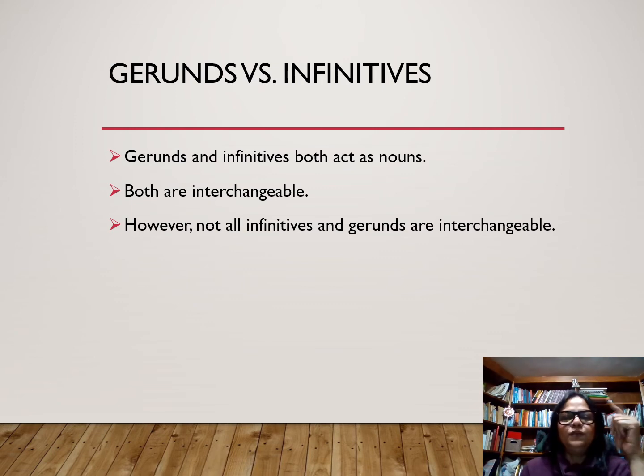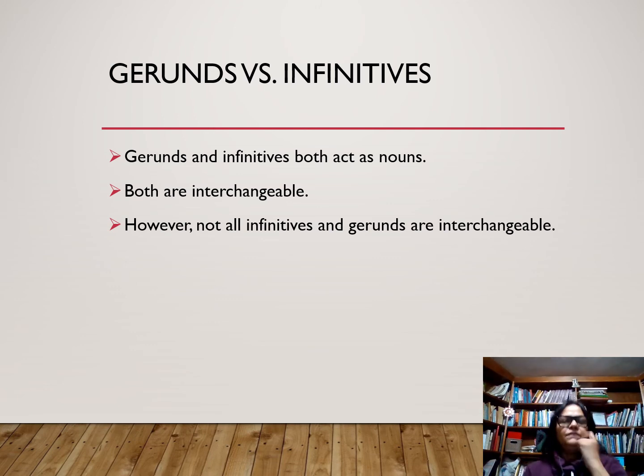Again, let us go back to that first example of mine, which is very commonly known. Smoking is injurious to health. So smoking here is a gerund. But I can always say to smoke is injurious to health. And I would still be correct grammatically, and the meaning will also not change.